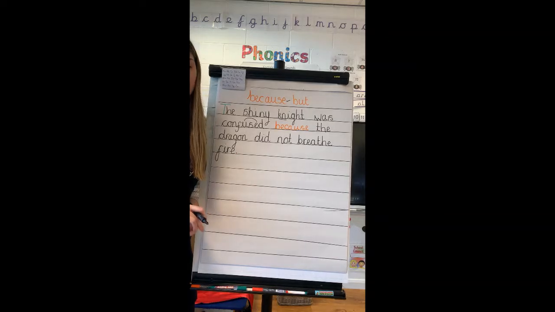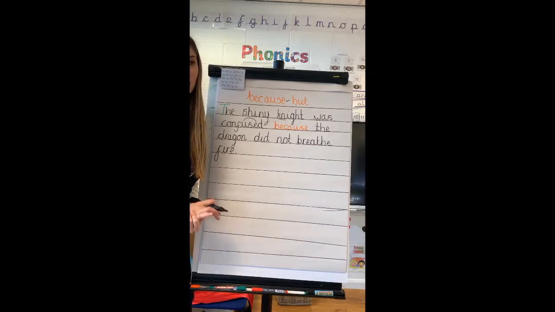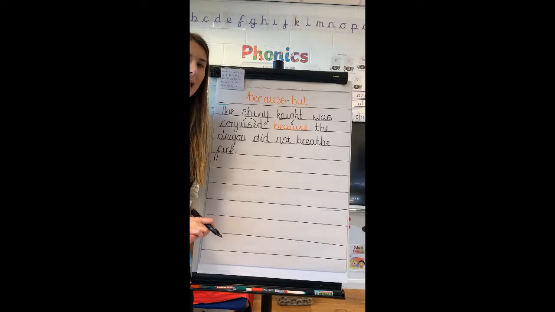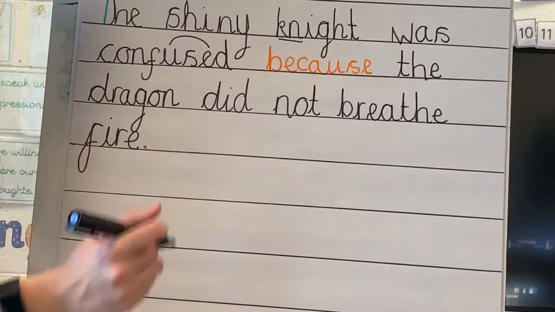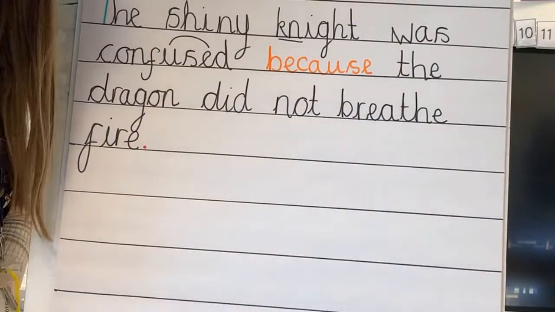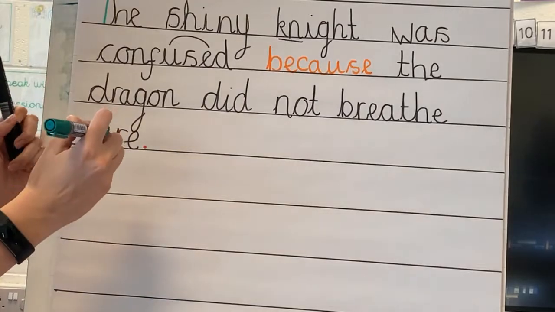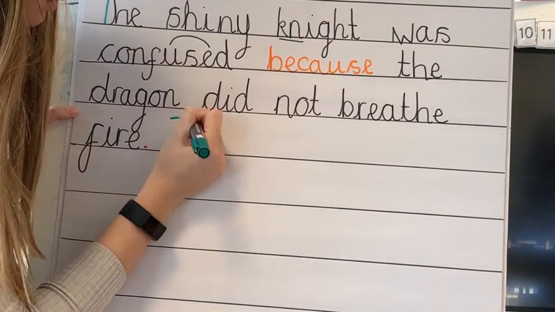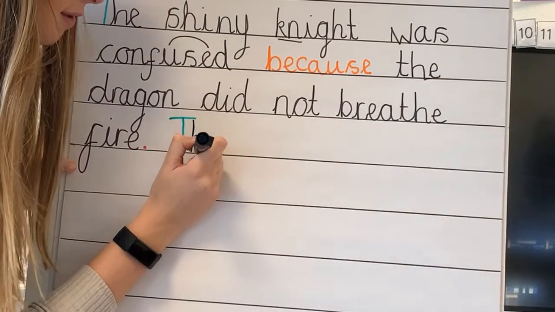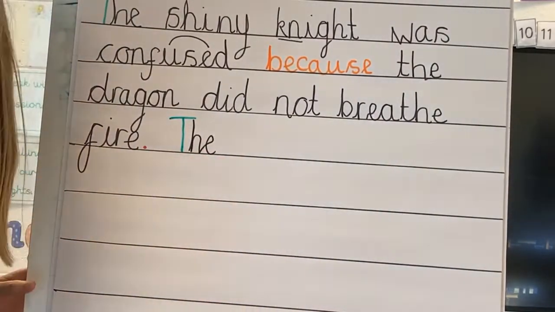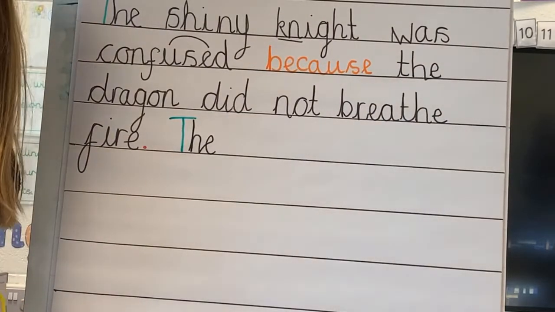The dragon felt embarrassed, but the knight wanted to help him. Can you say our sentence? Dragon felt embarrassed, but the knight wanted to help him. Well done. So I'm going to start with the dragon. Capital T, new sentence, the dragon. We could think of an adjective to describe our dragon.